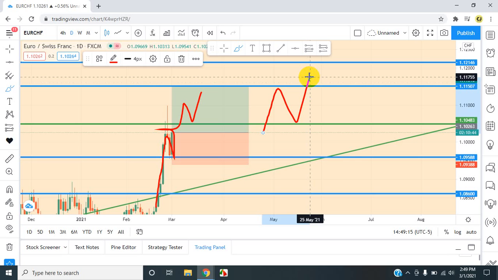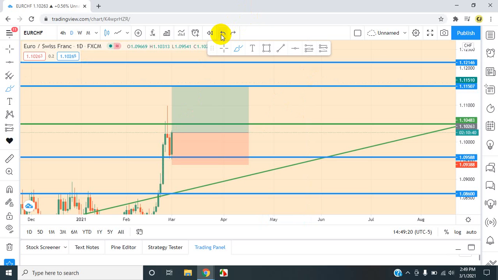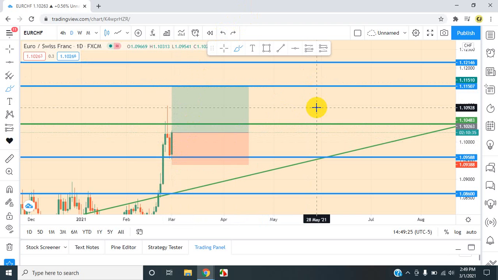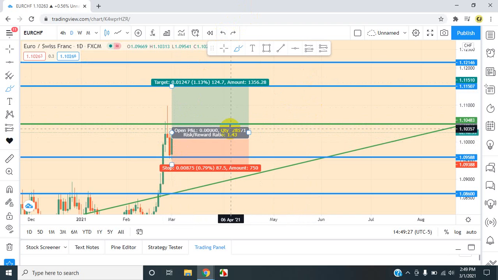But whatever the move is, we're going to see what's going to happen. So all you have to do is keep your eyes open and take your time in the market. With this trade right here, we found entry that will give us, this is an amazing trade. This is 124 pips on the way up.